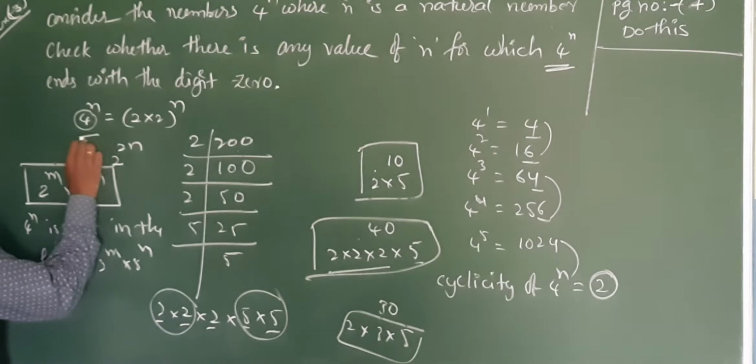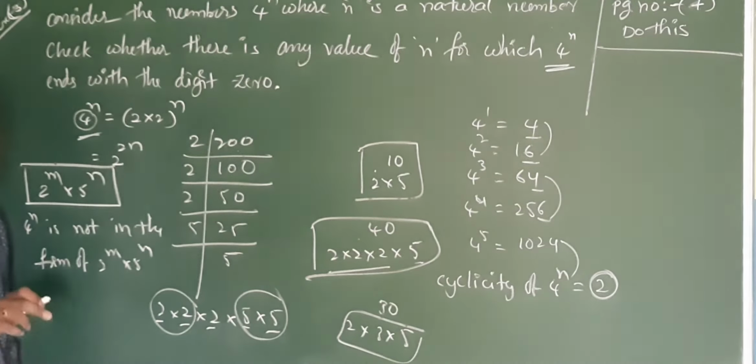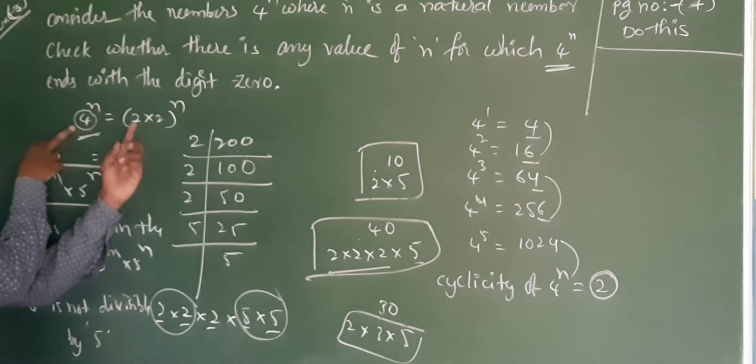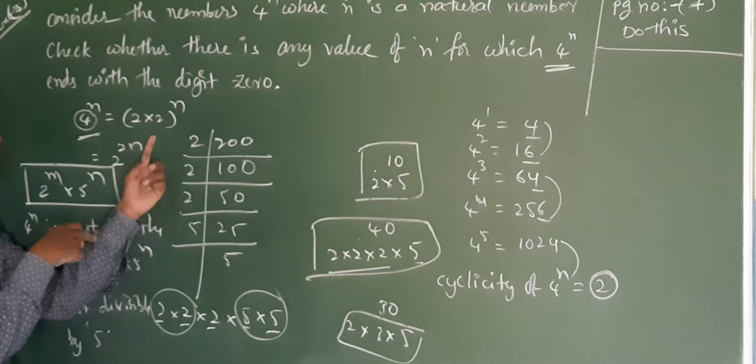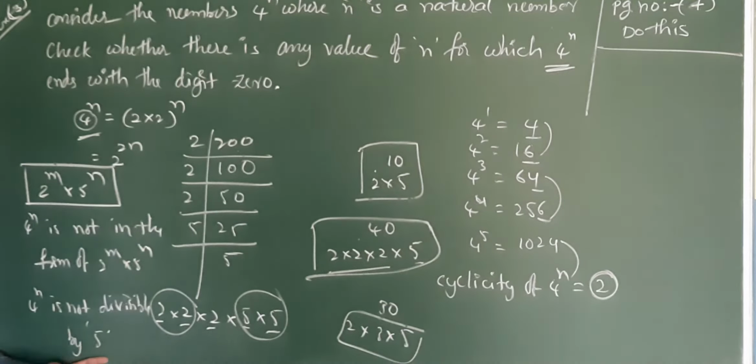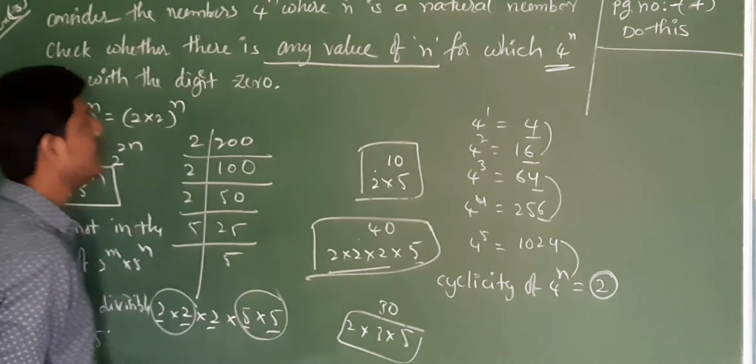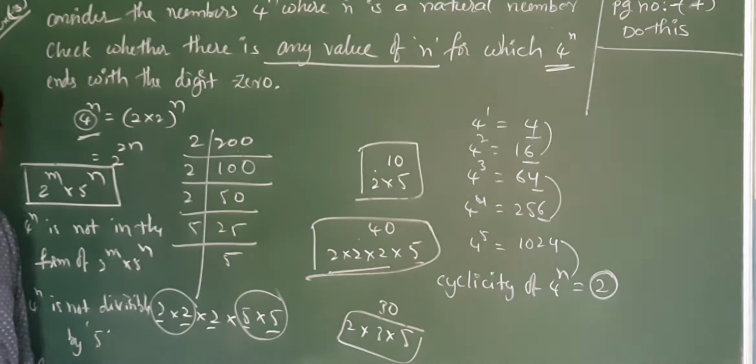That means 4 power n is not divisible by 5. We have prime factor 2, so it is divisible by 2, but it is not divisible by 5. Why? Because 5 is not there here. So for any value of n, it does not end with 0.